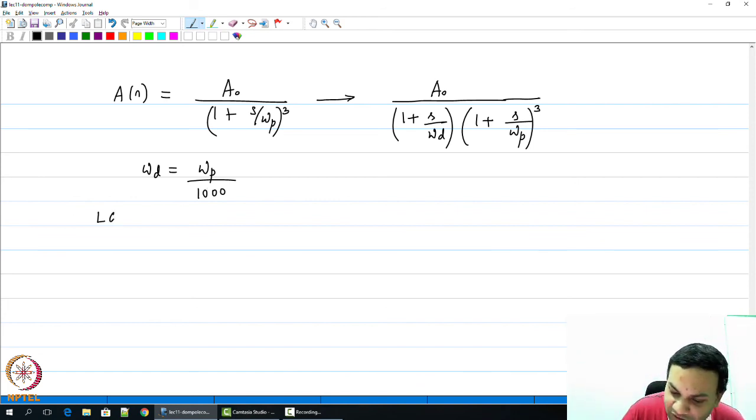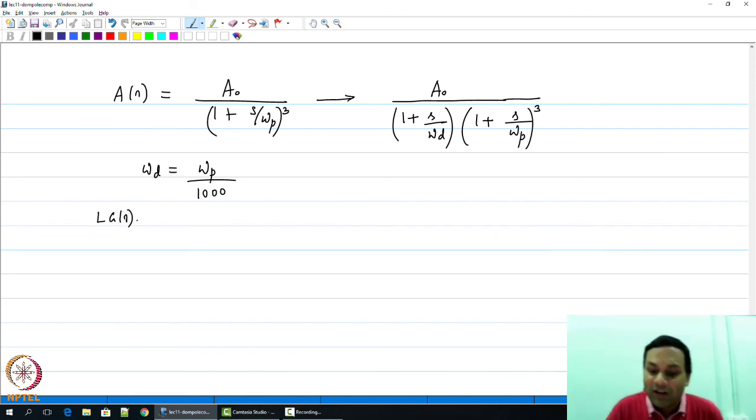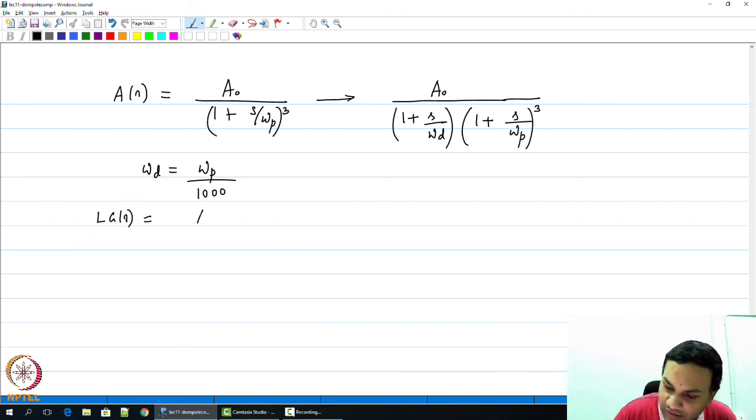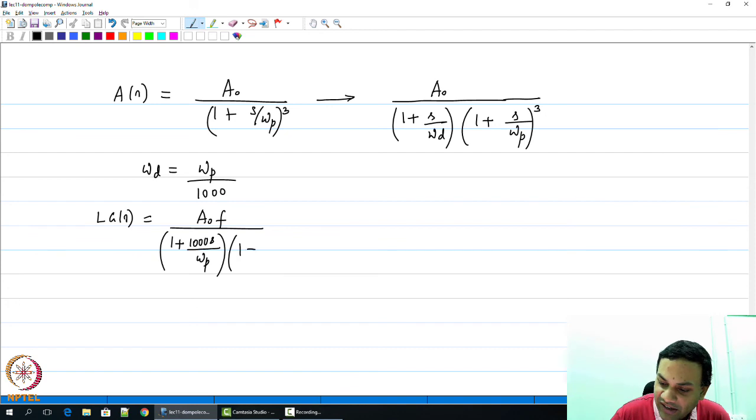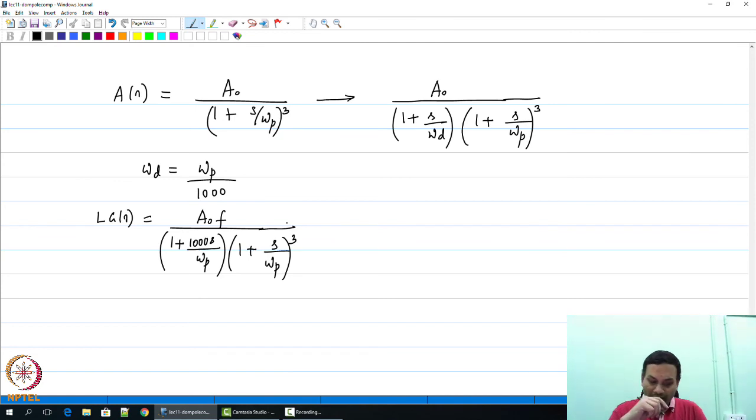I can now write the expression for the loop gain of the system, which is simply a0 f by (1 plus 1000 s by omega p), which is the dominant pole, and into (1 plus s by omega p) the whole cube. And I am going to make this equal to -1.